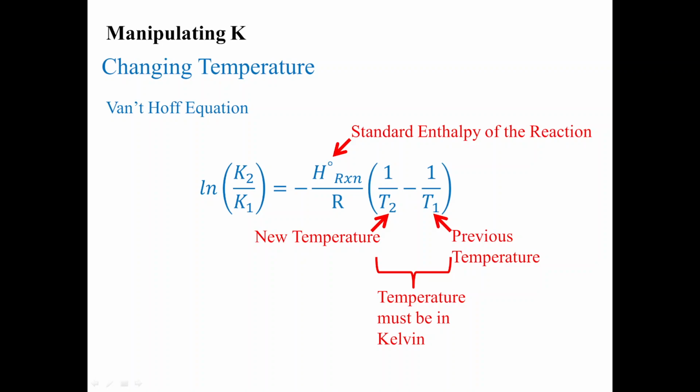All right, so we figured out several ways to manipulate K, but what happens if we're not actually at equilibrium? Well, that's where this reaction quotient, or Q, will come in. All right, so it doesn't have to necessarily be at equilibrium, but it's going to follow a very, very similar process.